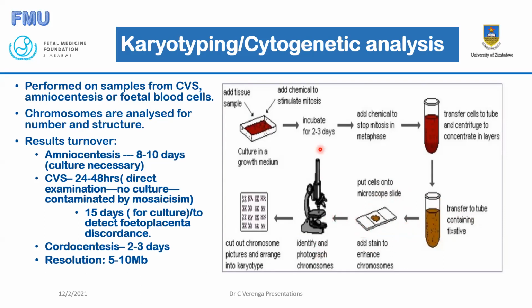Then, of course, the chromosomes are stained at this level. Then they are identified on the microscope, and photographs are taken, which are called ideograms or karyograms, and then the chromosomes are cut out of this picture. Before the technology, this used to be done manually.